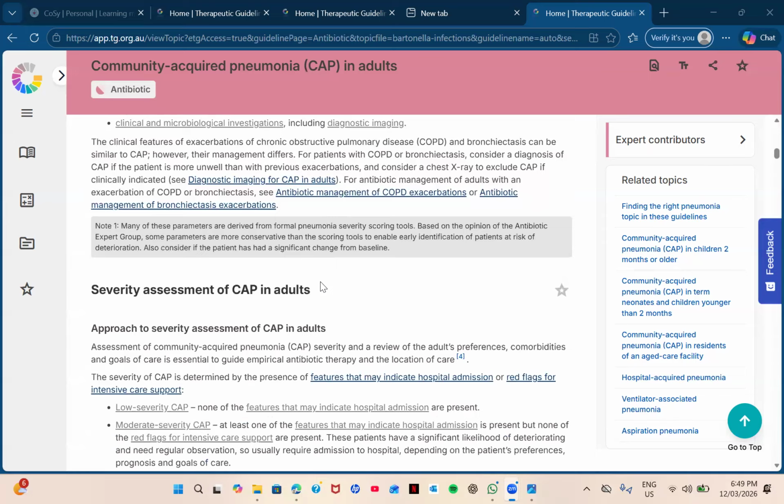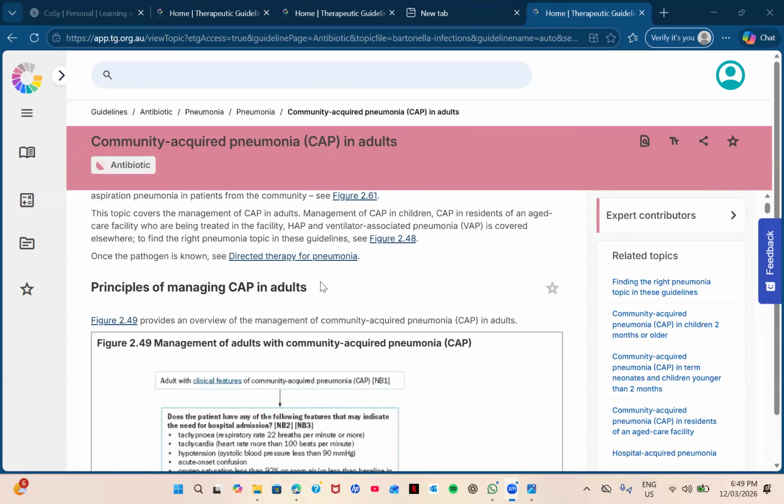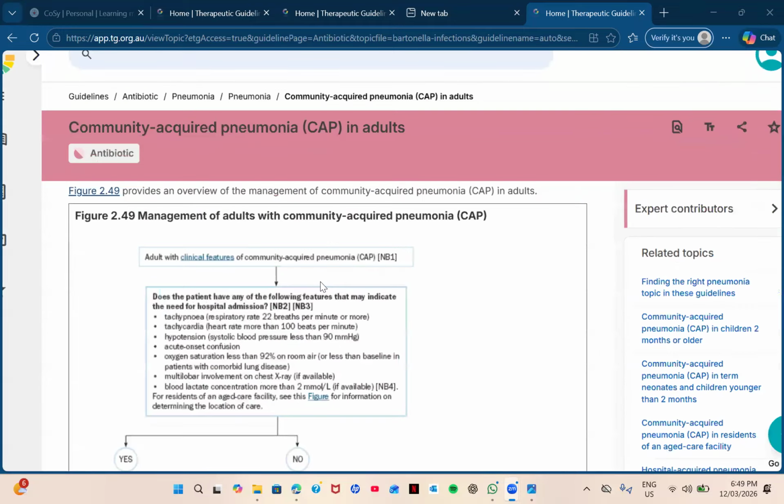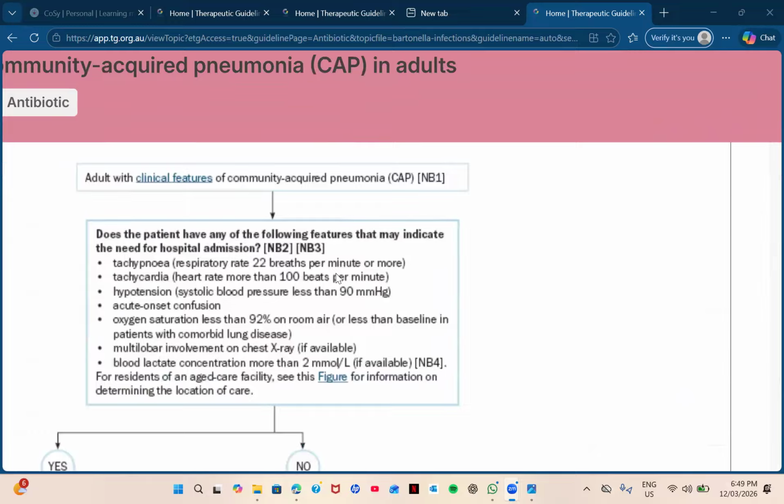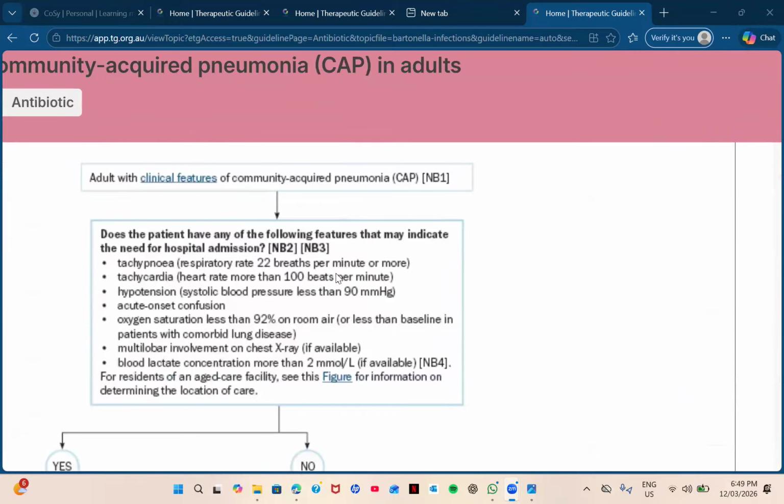So, an adult with clinical features of community acquired pneumonia: cough, fever, tachypnea, tachycardia, and dullness on percussion. The patient presents to the hospital, and what should you do? First, you have to know whether the patient has any of the following features that may indicate need for hospital admission.